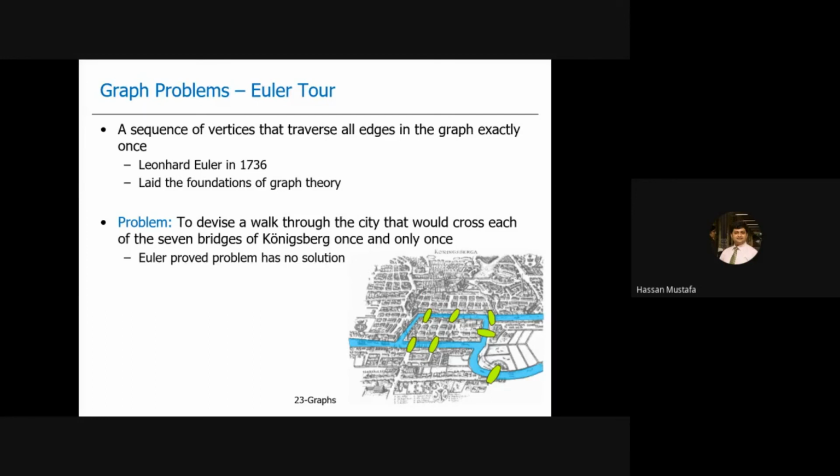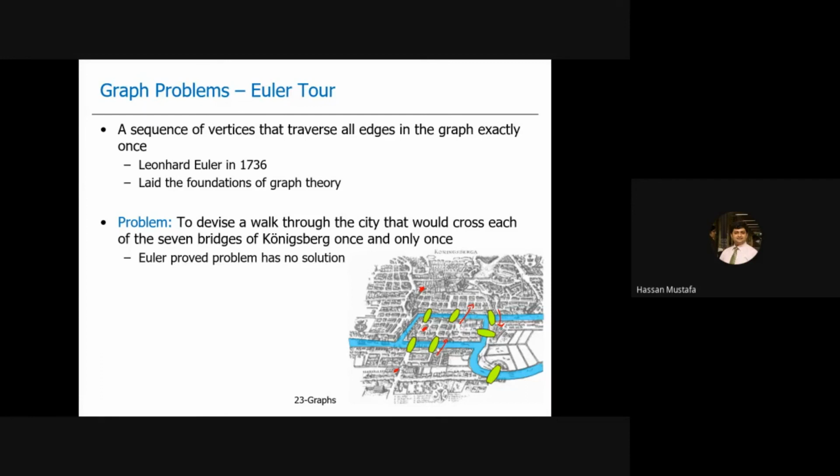So if I am in this part of the city, I can come to this interior part of the city using either of these 2 bridges. But if I reach here, then I can move to this outer, lower part of the city using either of these 2 bridges, and then I can go back using this bridge. Then I move to this bridge, and similarly from this bridge, and so on.